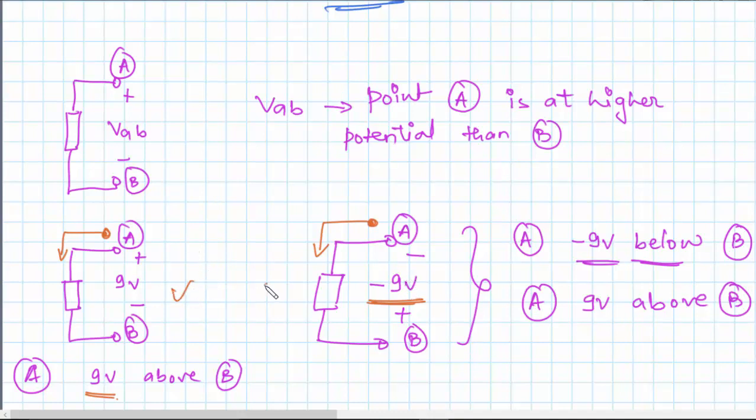Both of these cases are the same. When I write VAB as 9 volts, point A is 9 volts above point B. And when I write VAB as minus 9 volts with the reverse polarity, it means that point A is minus 9 volts below point B, or you can say that point A is 9 volts above point B. Both of them are the same.